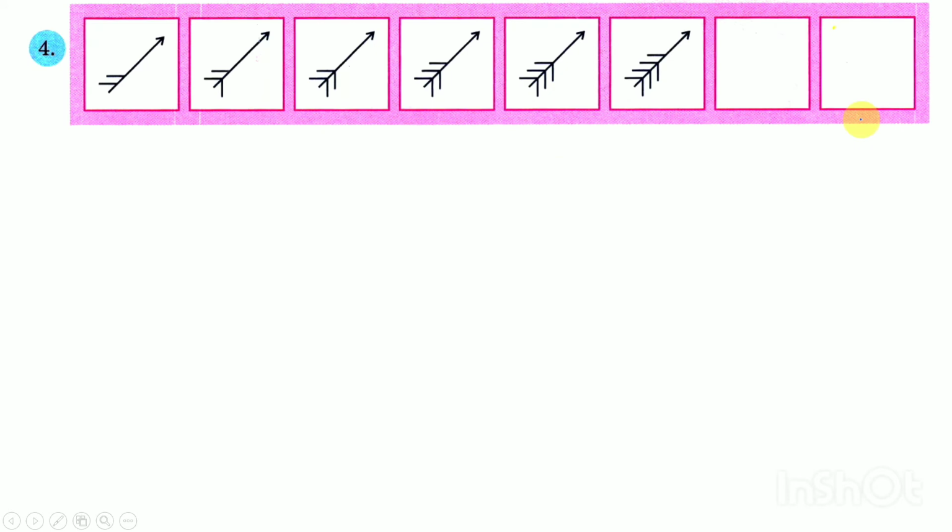Moving to our next problem, what we are seeing here is that there is an increase of one tail on its opposite side. If I mention this as the left position and this as the right position, there is an increase of one more tail. Tail means a small stick or small portion of line on the tail of the arrow.